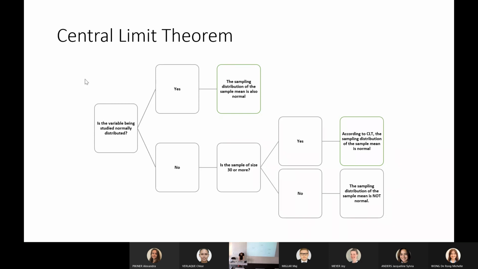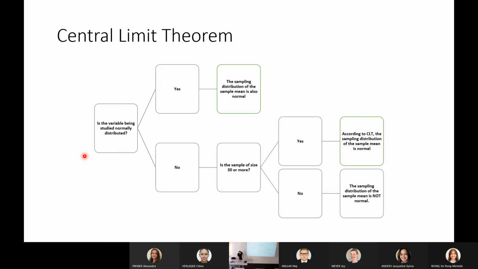If the distribution is normal, we can conclude that in any case the sampling distribution of the sample mean is also normal, so we use the normal distribution.